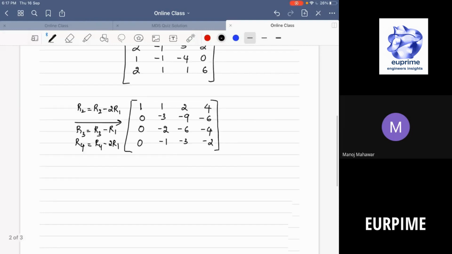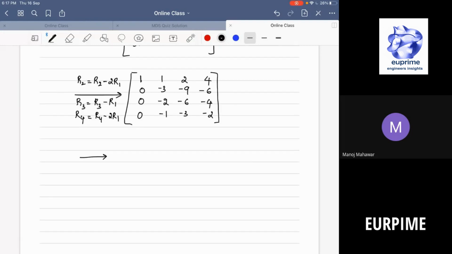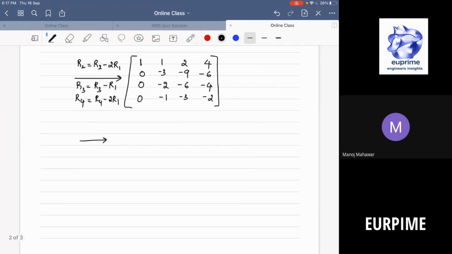Reducing further, swapping some rows, and multiplying R2 by minus 1, I get 1 1 2 4, 0 1 3 2, 0 minus 3 minus 9 minus 6, 0 minus 2 minus 6 minus 4, correct?